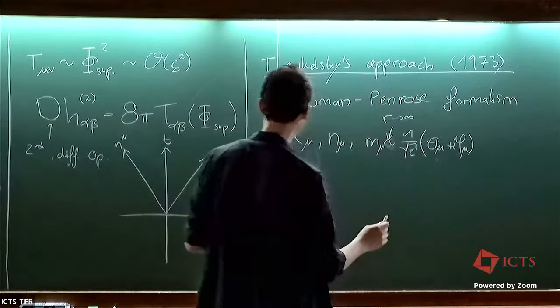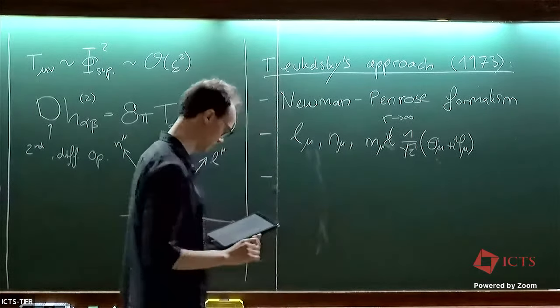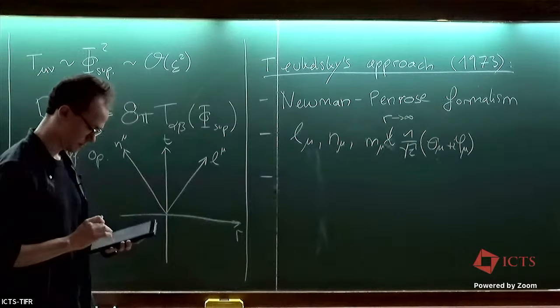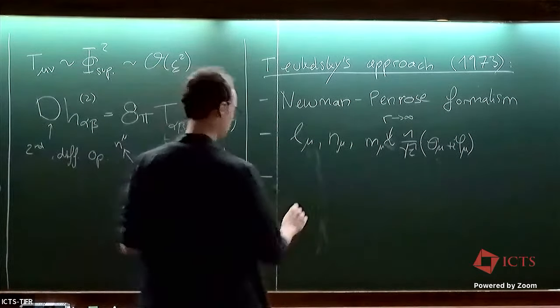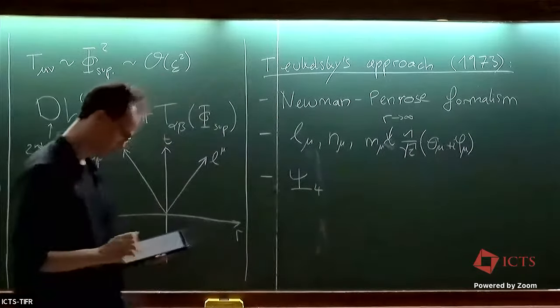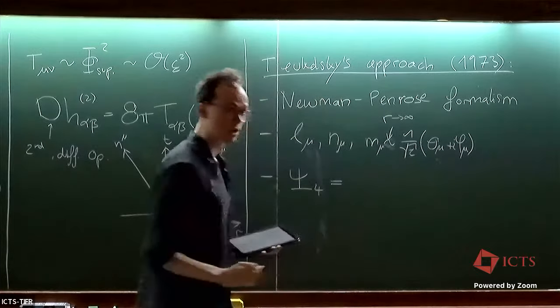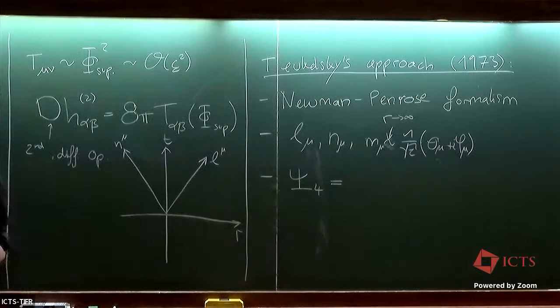And then I'm going to define another thing, called a Newman-Penrose scalar. So I'm going to define psi subscript 4. And this is basically just equal to some contraction of the Weyl tensor, okay?